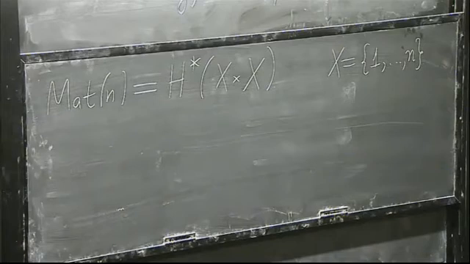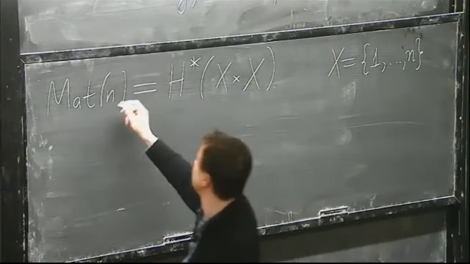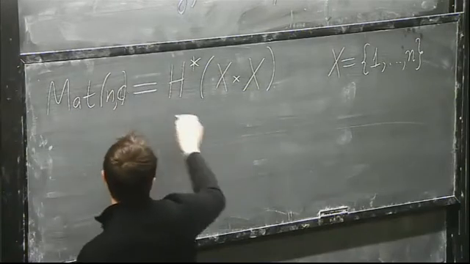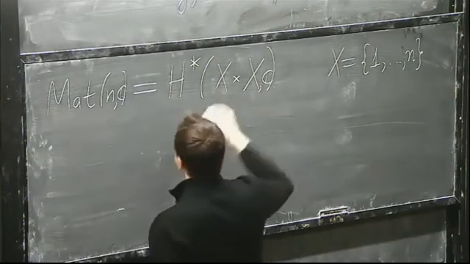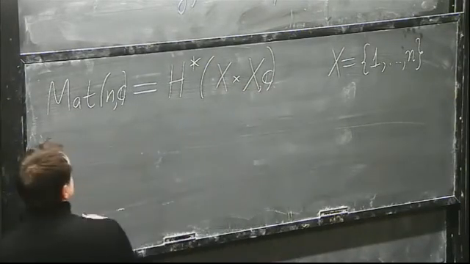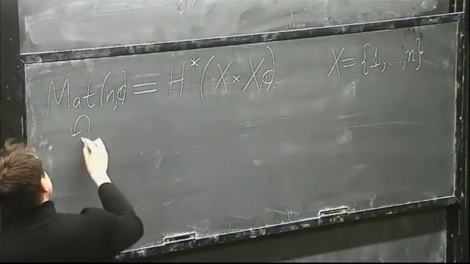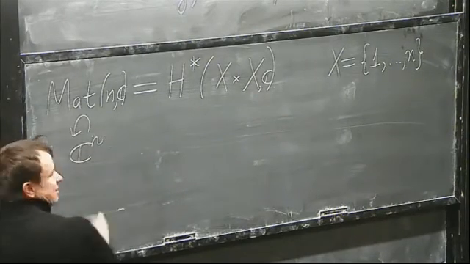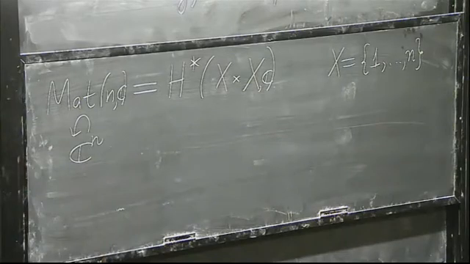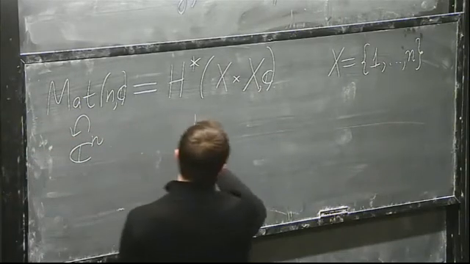And this acts on an n-dimensional vector space over that field, which we denote C. It doesn't matter what the field is. This vector space is, of course, the cohomology of X itself.